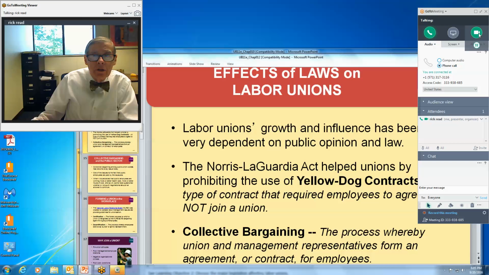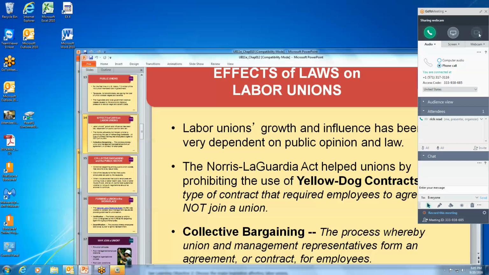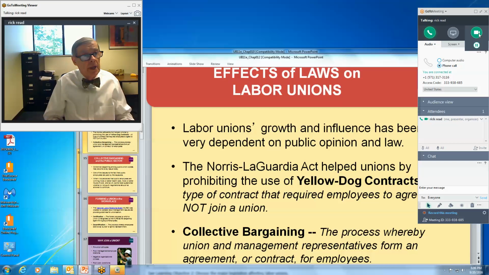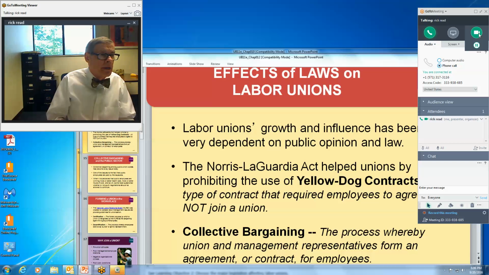Labor unions struggled. There were actually laws on the books that banned labor unions. They banned picketing. They banned collective bargaining. They banned soliciting for people to join unions. There were many employers that had contracts known as yellow dog contracts that an employee had to sign, meaning that he or she would not join a union.